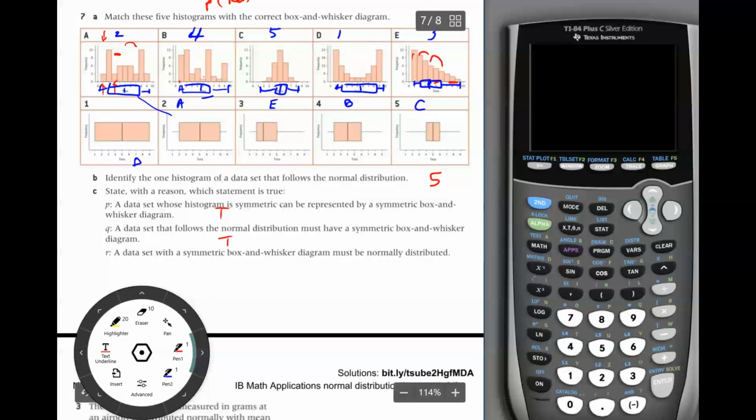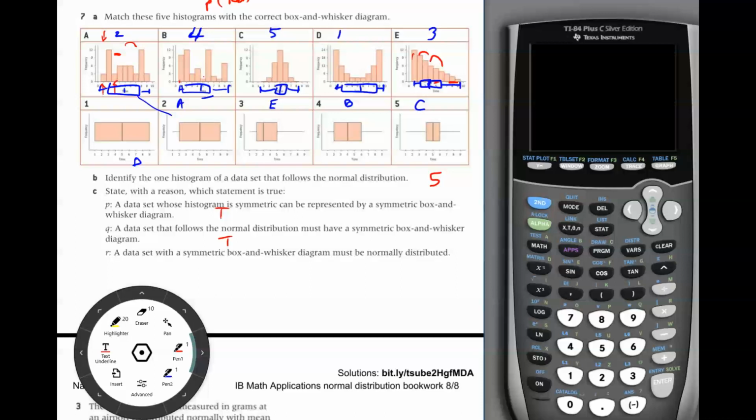A data set with a symmetric box and whisker diagram must be normally distributed. Okay, so if you have a box and whisker diagram that's symmetric, such as D, is that normally distributed? Let's see if D is normally distributed. No, it's not. It's got a big valley in the middle, right?